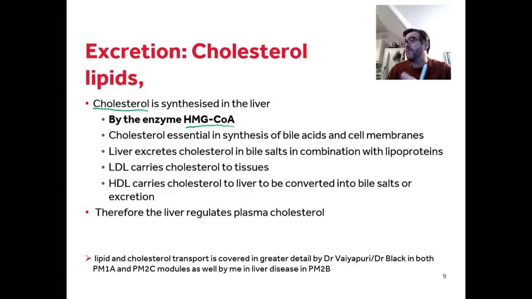We'll talk about the role of this enzyme in cholesterol formation in terms of cardiovascular health in a lot of detail in later years. All you really need to know now is that cholesterol is essential in synthesis of both the bile acids and also your cell membranes.